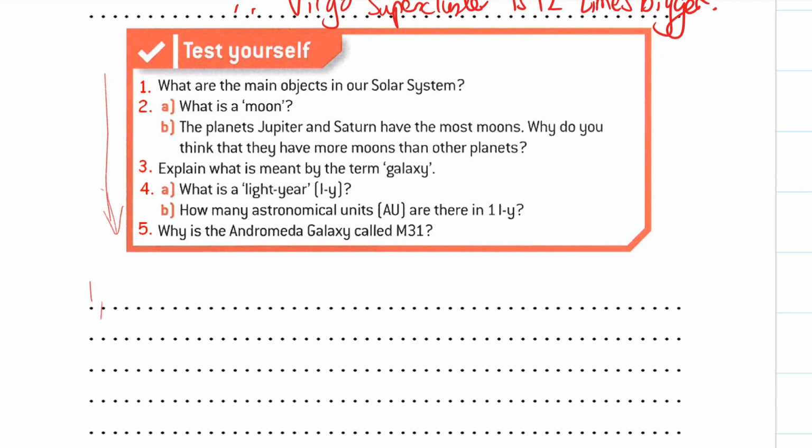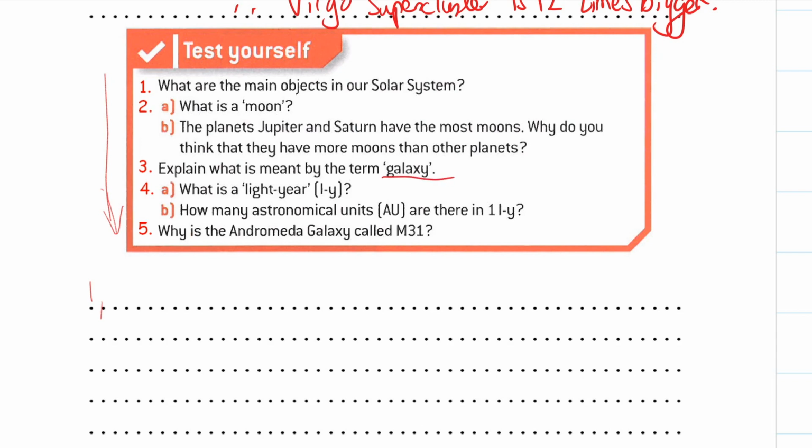It takes 28 days to orbit around the Earth. Part B, the planets Jupiter and Saturn have the most moons. That's because they are the largest planets and therefore have a large enough gravitational field to attract those moons and keep them orbiting around them.